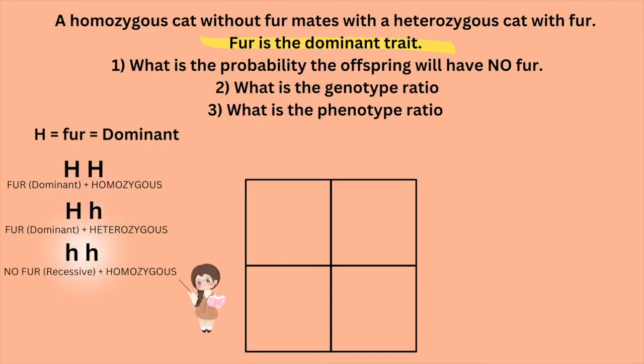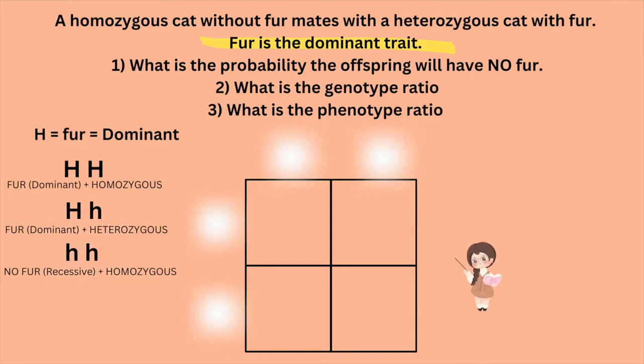For little h, little h, we know it will give us a phenotype of no fur because we have two lowercase h's here representing no fur. There is no dominant allele here to mask the recessive allele. So the recessive allele here is able to manifest. We also know this is homozygous because both letters are the same. They're both lowercase.